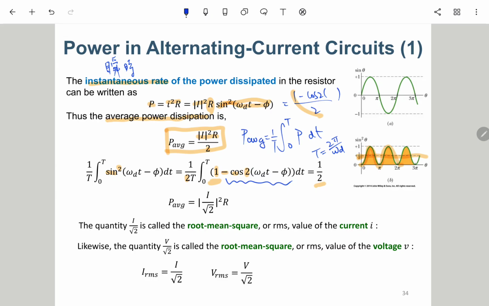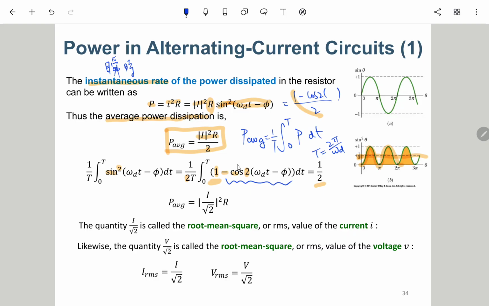For the second term, the integration of cosine will be sine, so negative sine of this stuff, evaluated from 0 to T: sine of 0 minus sine of 360 degrees, so it is 0 minus 0, which is nothing but 0.